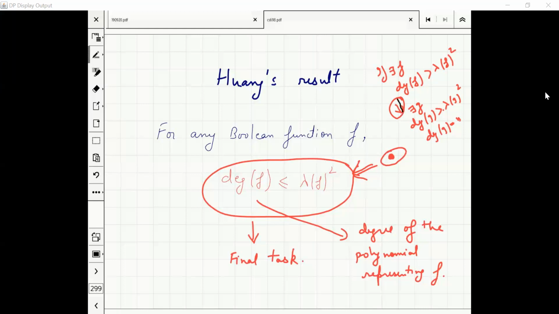If I show this implication, then I can only focus on complete degree functions. Is that okay? Yes. Right, because if there is a function which violates this equation, then there has to be a function which violates it and has full degree. But we have shown that for full degree there is no violation.